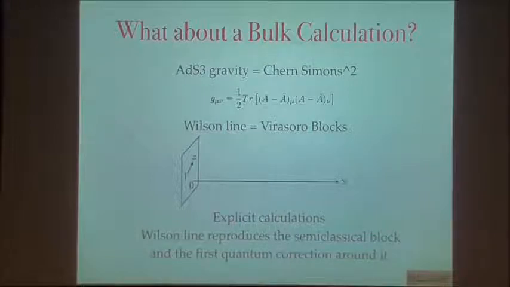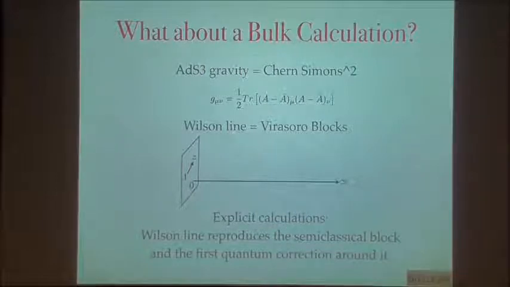In particular, this Wilson line approach can produce the whole semi-classical block that I showed you that has all these information loss problems. But beyond that, the Wilson line was also able to reproduce the first quantum corrections around the semi-classical block.